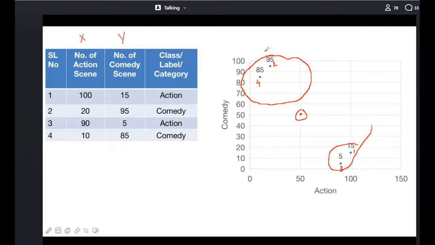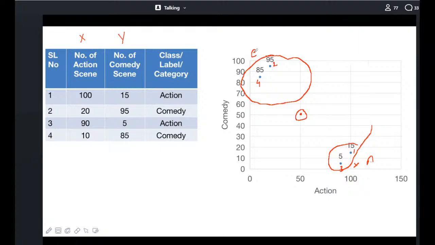Go with studious students and you will be a good student. Don't go with the rowdies, you will acquire that property. Same way here, if a new point comes up nearer to points 5 and 15, the first and third rows, it will have the property of action. Same way over here, you have comedy, so it will have the property of comedy.